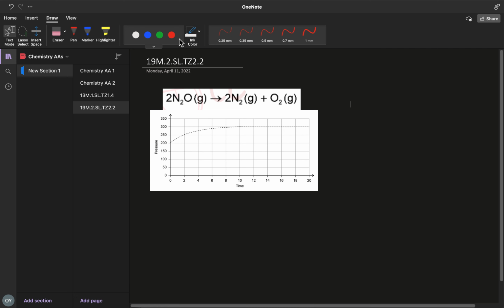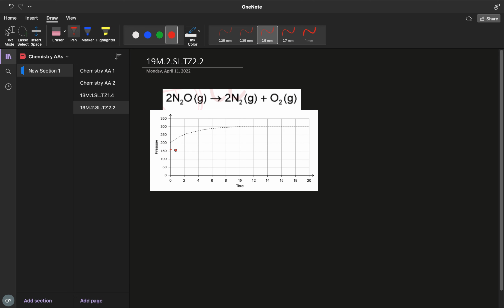Lowering the temperature also means that the rate of reaction would be lower. Temperature is also linked to kinetic energy, and since there is more kinetic energy when the temperature is high, that means there's more pressure. So when the temperature is lower, there's less pressure.